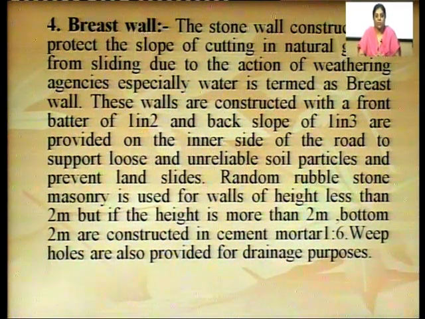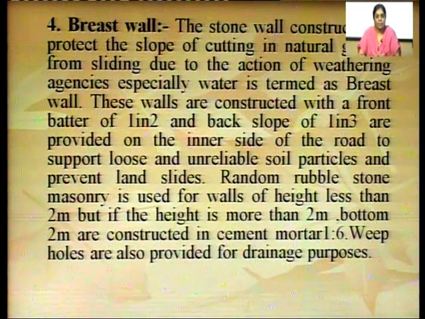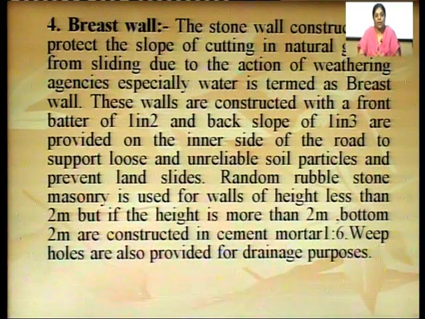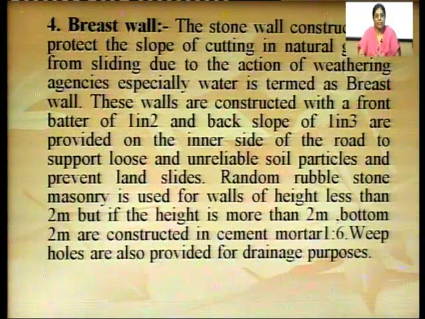These walls are constructed with a front batter of 1 in 2 and a back slope of 1 in 3. These walls are provided on the inner side of the road to support loose and unreliable soil particles and prevent landslides.